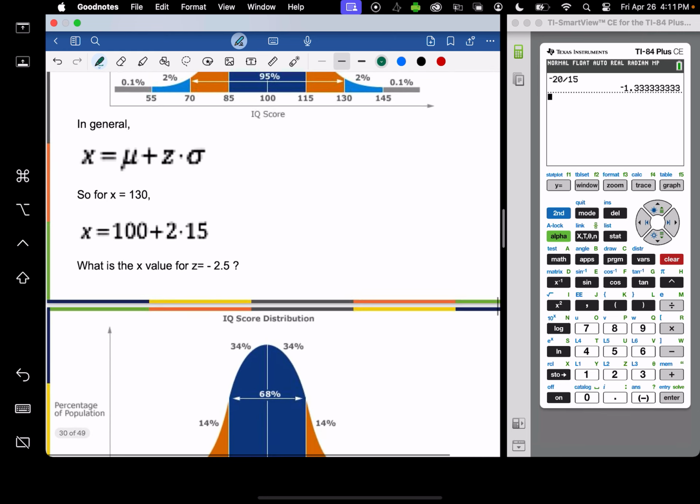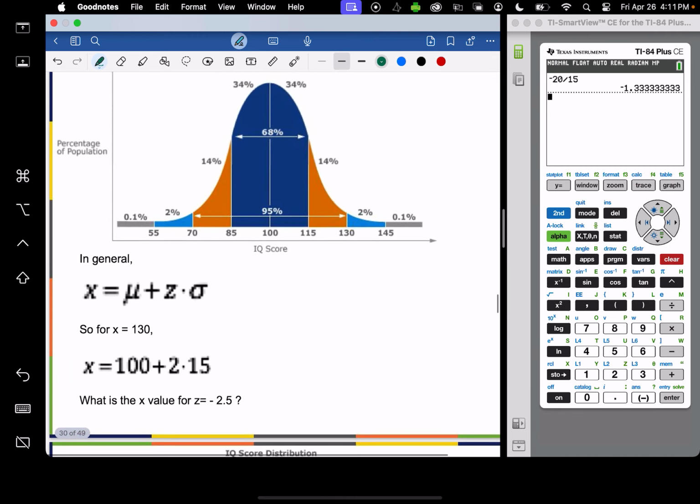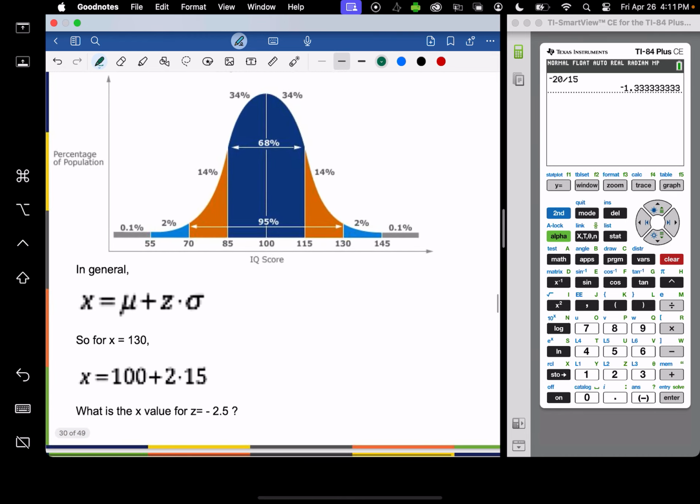Oh, let me go back to this slide. This is a different formula, and you may see this from time to time where you're actually starting with a z-score and trying to figure out what x is.